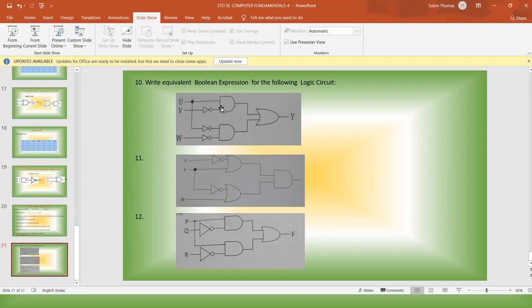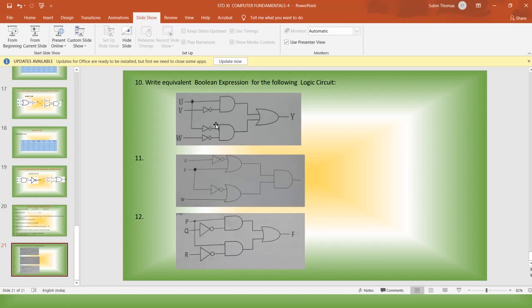This AND gate will give you U V complement. You don't have to write on this picture. You write the final output as Y equal to U V complement, and that is this output.